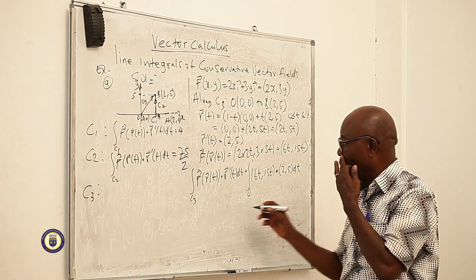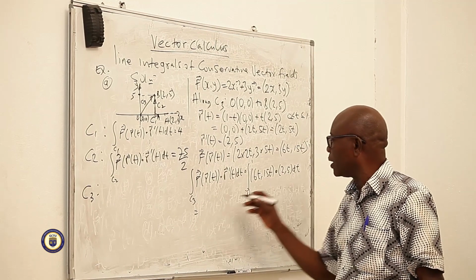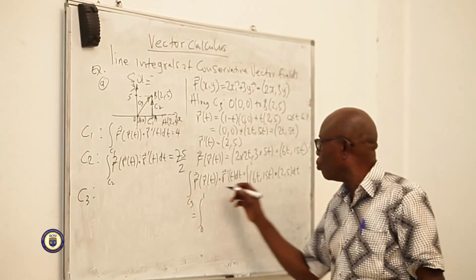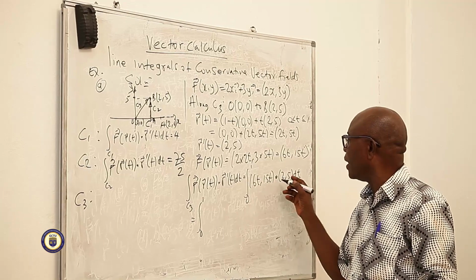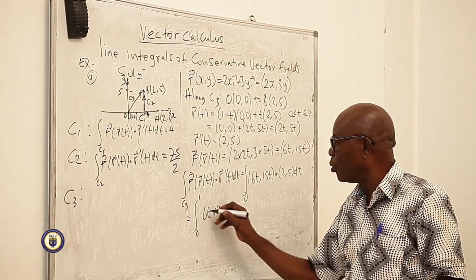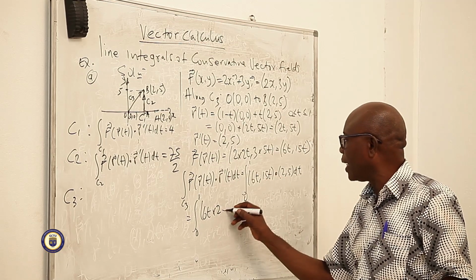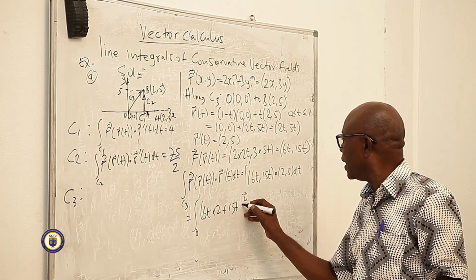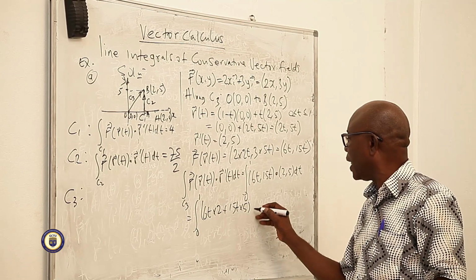And so we are going to find the dot product. That will be the integral from 0 to 1 of 6t times 2 plus 15t times 5 dt.